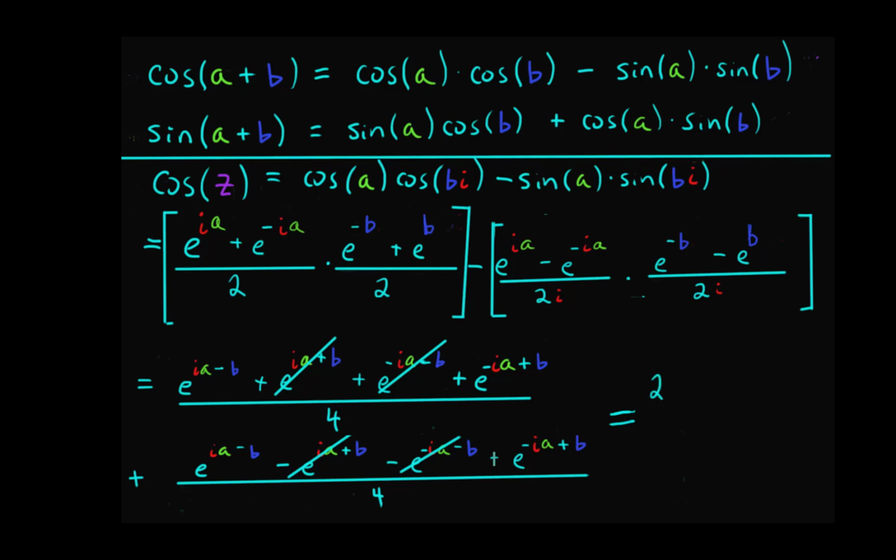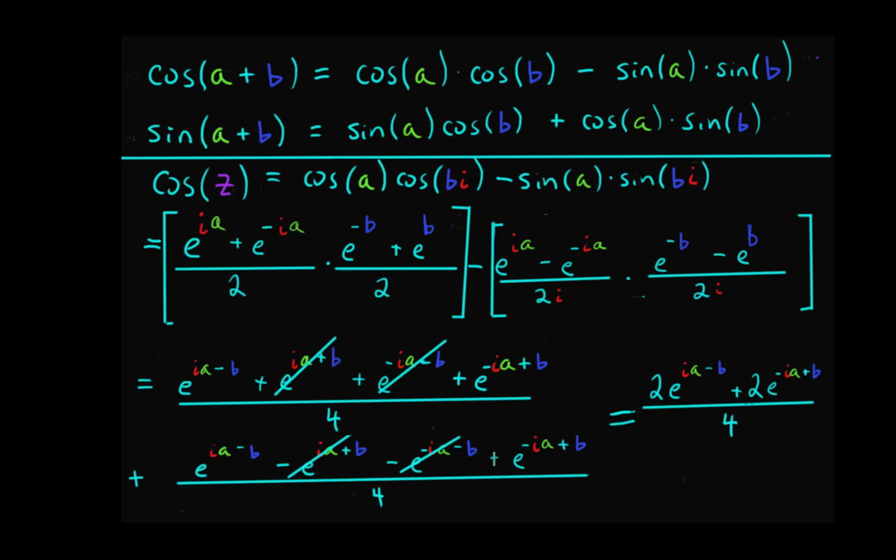So let me just shift that second term over to make room here. So when we combine everything, we get that cosine of z equals 2 times e to the ia minus b plus 2 times e to the negative ia plus b, all over positive 4.